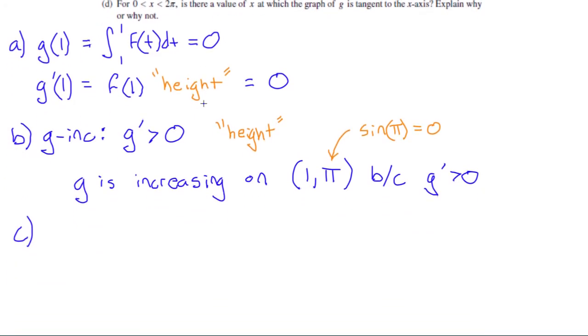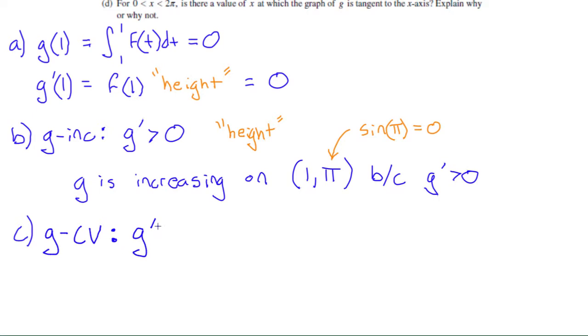What is the definition of CV? GCV. What is that definition? G prime sign change. Oh yeah, it's just a C. G prime sign change. No. G prime sign change is relative extrema. Well, actually, there's that point at 1. Okay, Ben, you're going too fast.